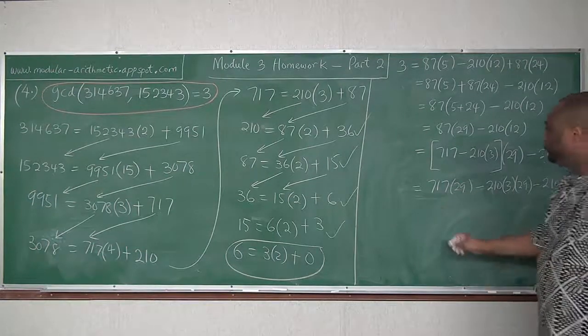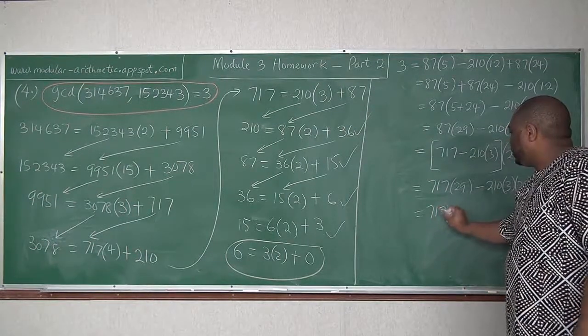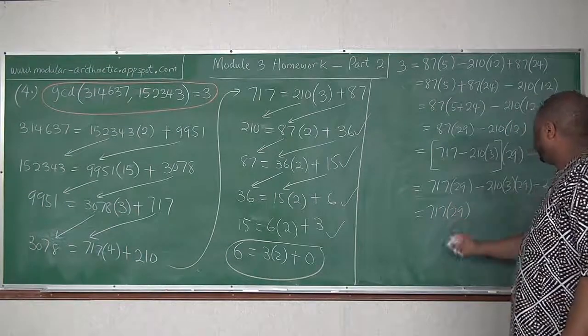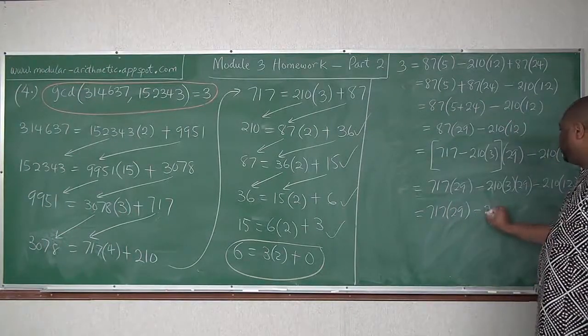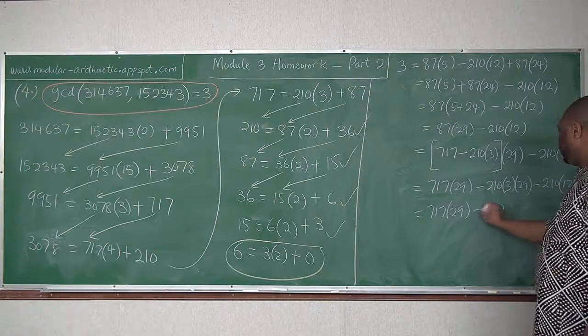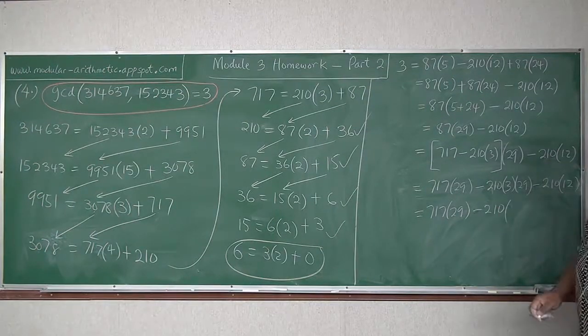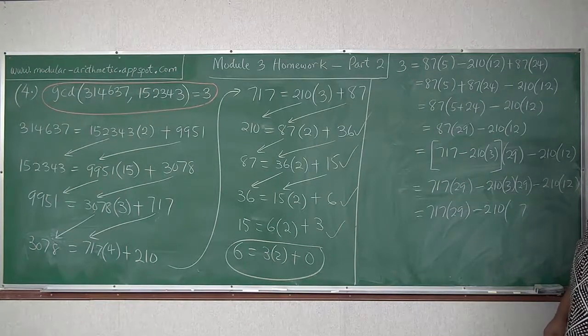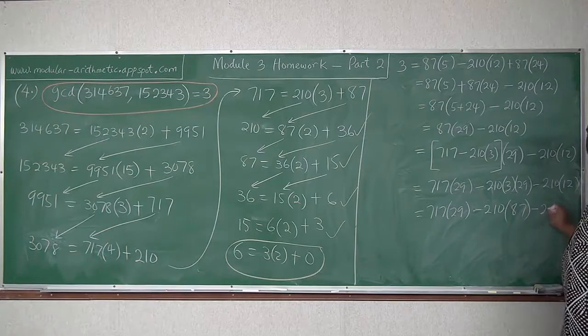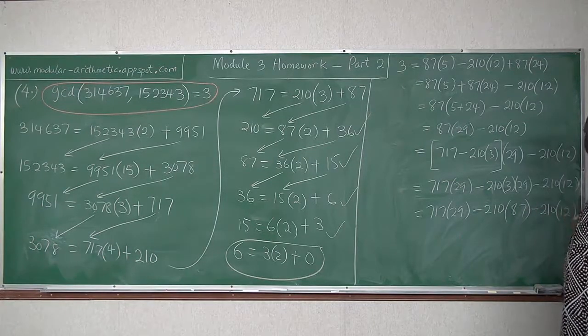Okay? So this will give me 717 times 29 minus 210 times 3 times 29. 3 times 9 is 27, 3 times 2 is 6, plus 2 is 8, so 87. Minus 210 times 12. I'm doing it step by step.